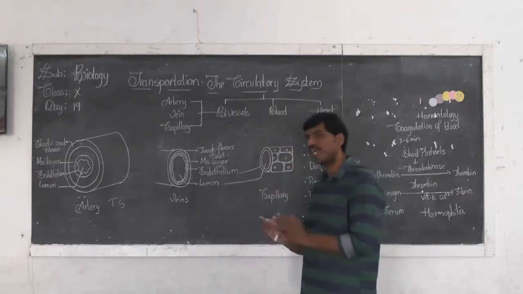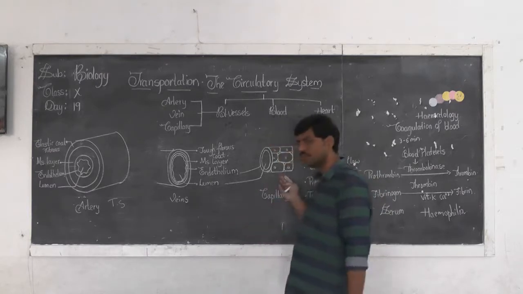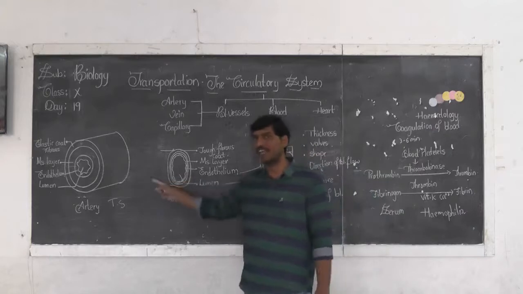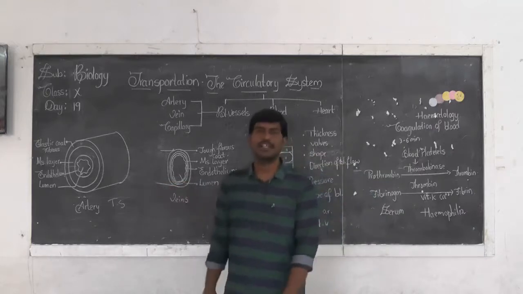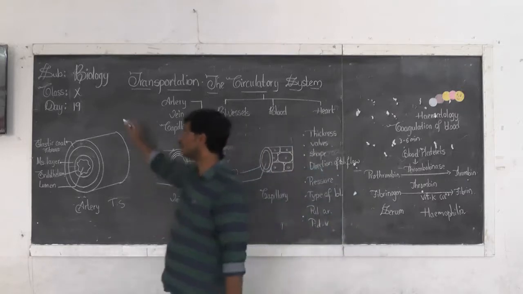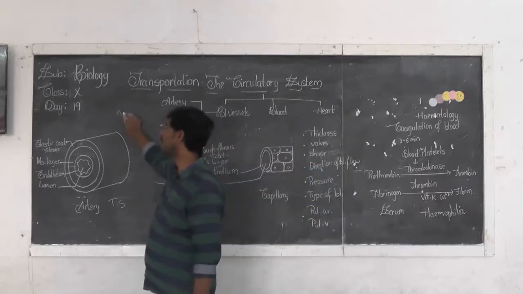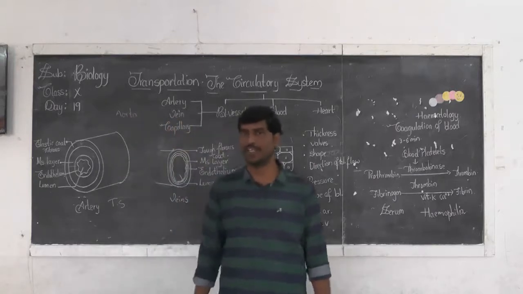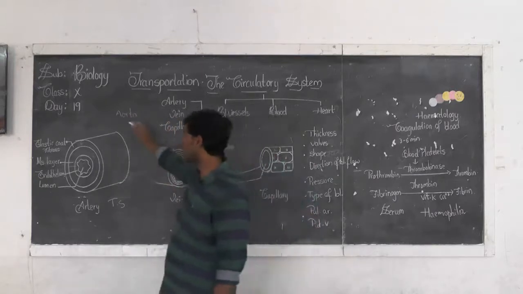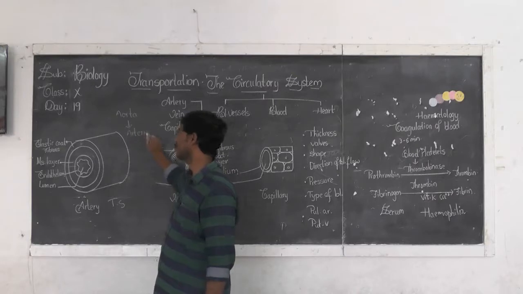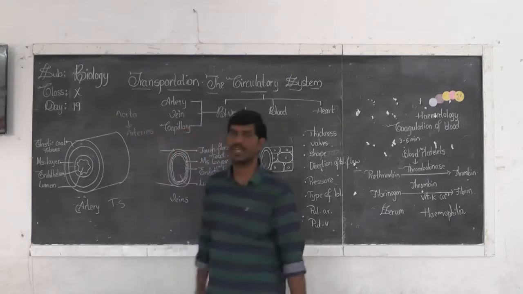Then let us continue. We already know capillaries are the blood vessels which join artery and vein. And I have told you the largest artery is aorta, which originates from the left ventricle. This aorta divides into smaller branches called arteries.